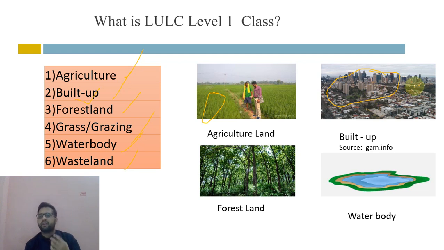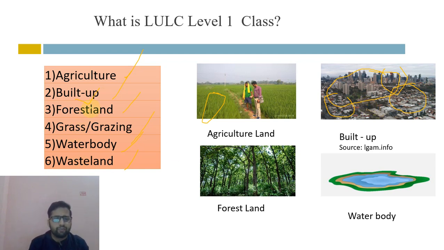So where there is non-agriculture growth, that is built-up area or residential area. It covers high-rise buildings or some slum areas, low or continuous building, sparse building, that is called a built-up area.